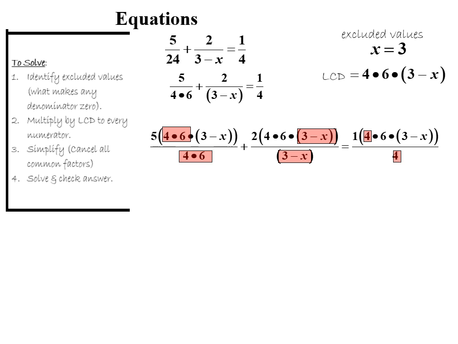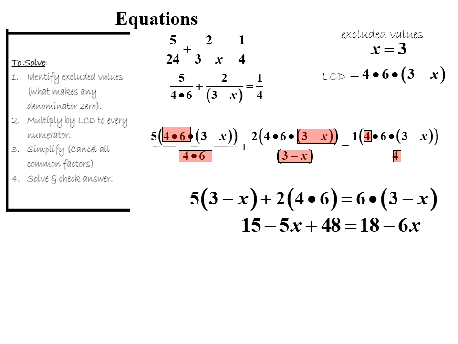Then we simplify. 5 times 3 minus x, well, that's going to be 15 minus 5x. 2 times 4 times 6, well, 4 times 6 is 24, times 2 is 48. And on the right, 1 times 6 is 6, times 3 minus x, well, that's going to be 18 minus 6x. Then solve.